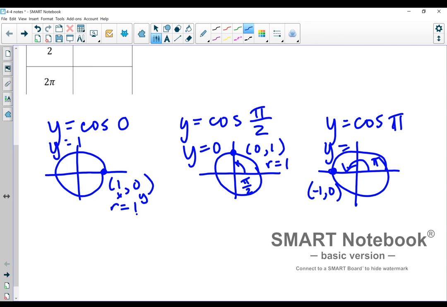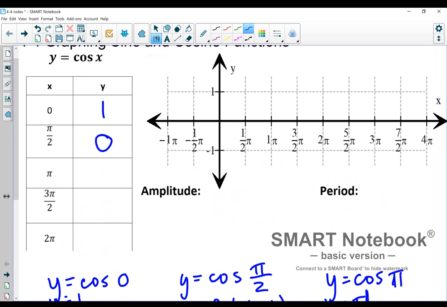So my y is going to equal -1. Again, this is really weird, because cosine of pi is going to be that x over r, which equals -1 over 1, or just -1. And so y equals -1. It's really kind of tricky to look at this diagram and have these x, y things. But again, this y is different. So my cosine of pi is -1.